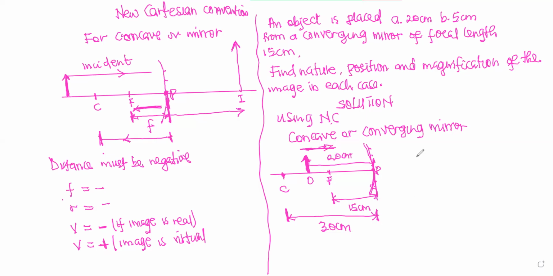So we can clearly see that in this case, u is negative 20. f will also be negative 15 because u and f are all against the direction of incident light.